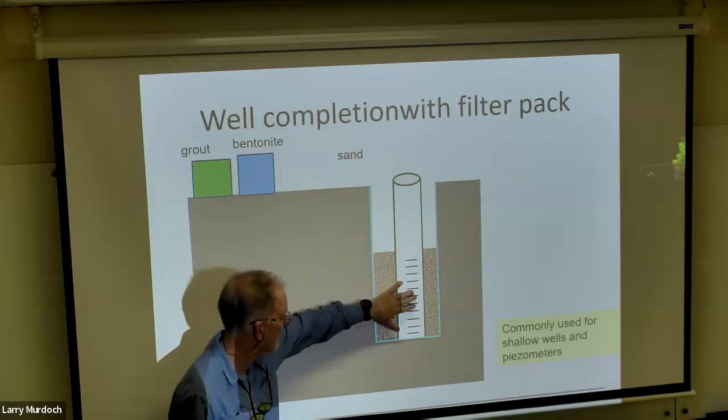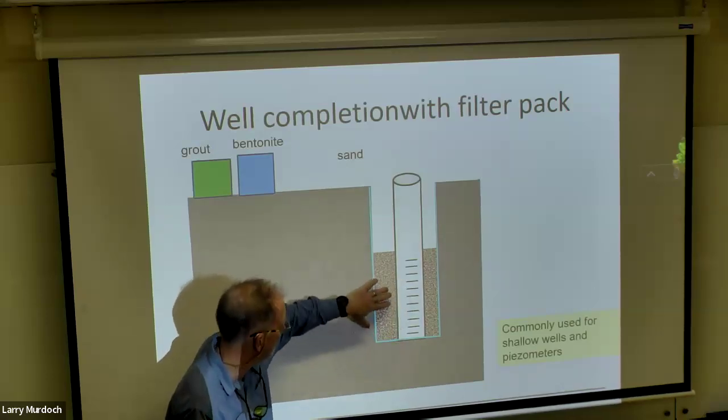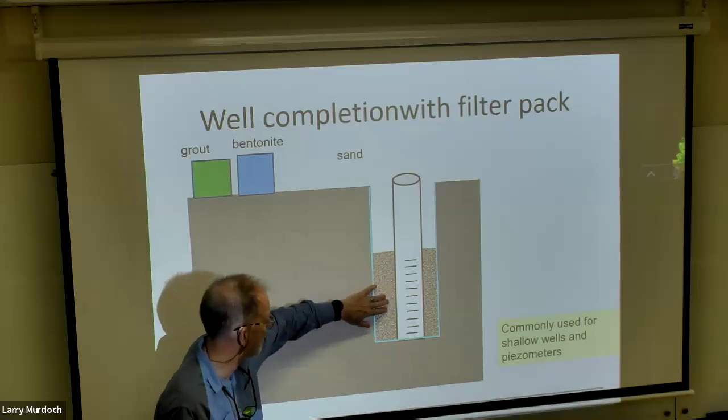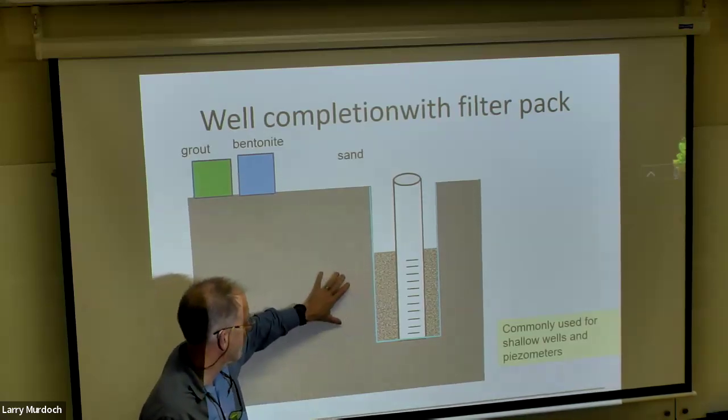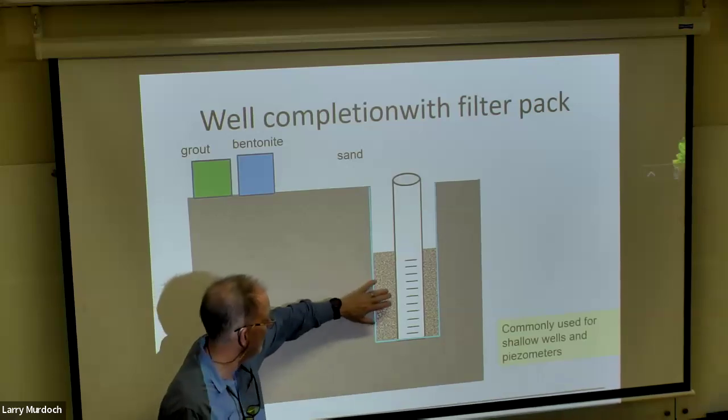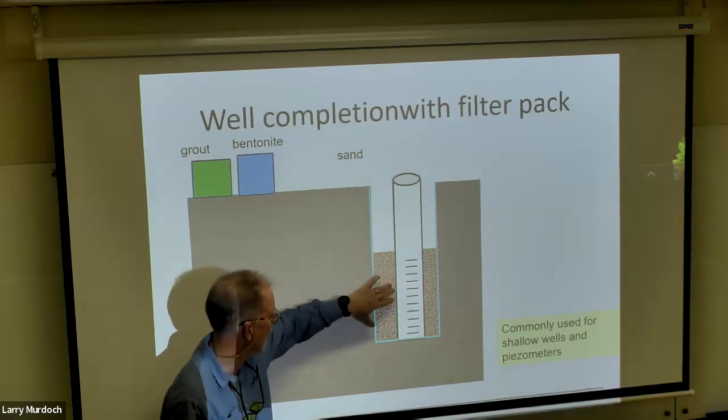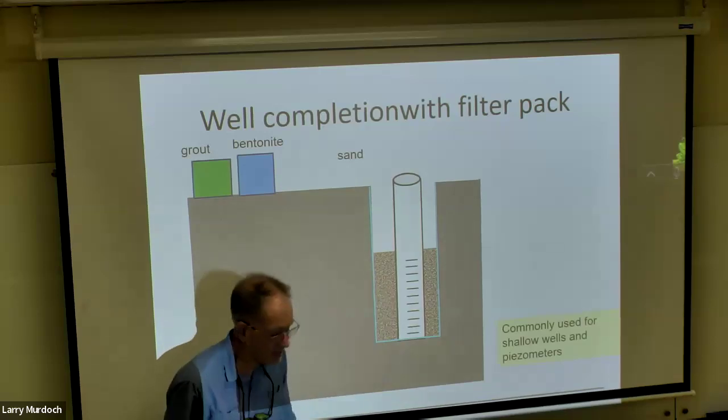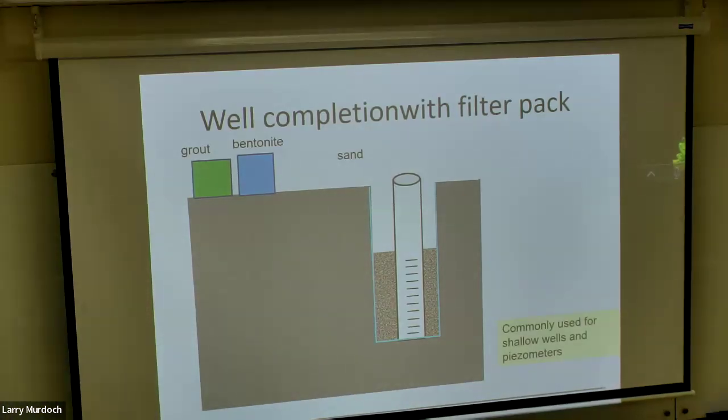So you have to size the filter pack to hold back the particles in the formation, and you have to size the screen to hold back the filter pack sand. So now what you need to do is seal up this annulus.